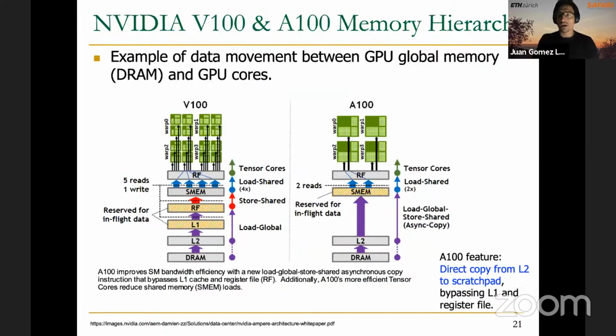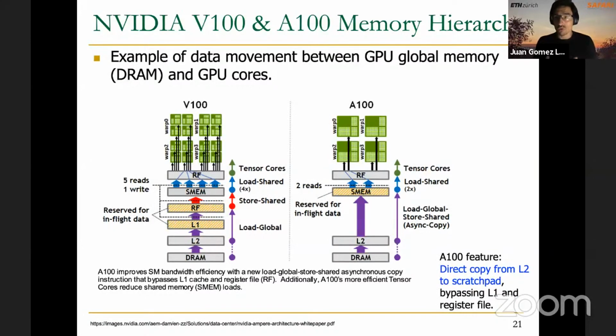But the memory hierarchy continues evolving over time, generation after generation. Here you can see, this is not really so relevant for today's lecture, but I wanted to show you this innovation from the recent A100 architecture. So today we are going to talk about how to use the shared memory, which is this on-chip scratchpad that we have in every GPU core.